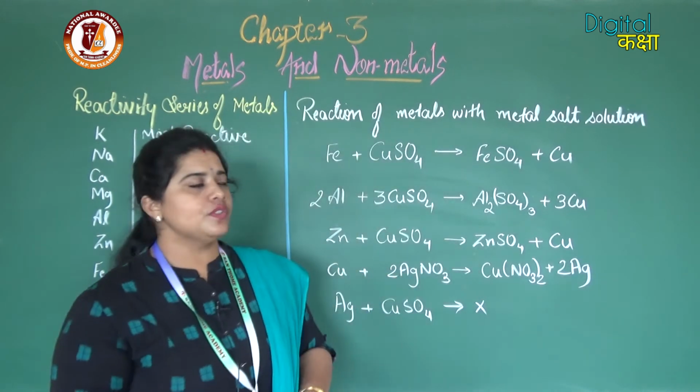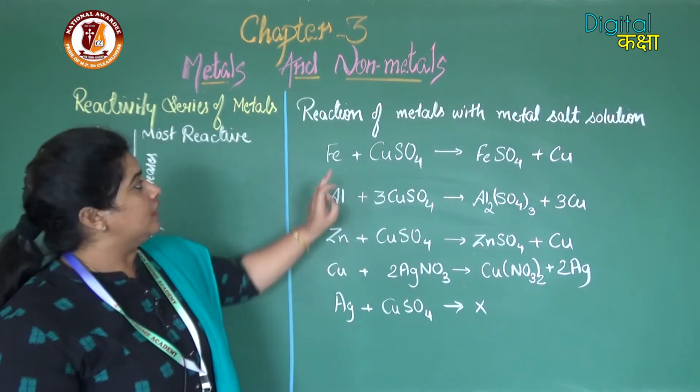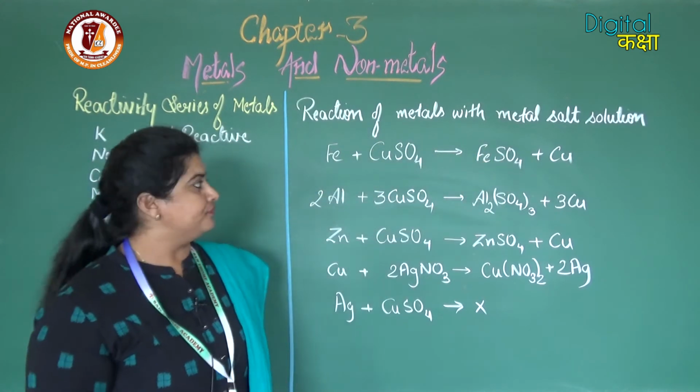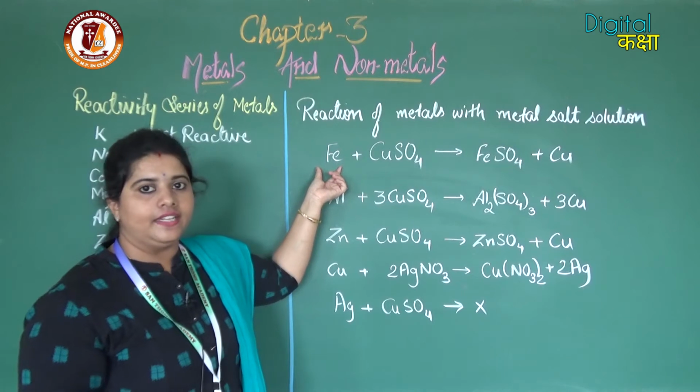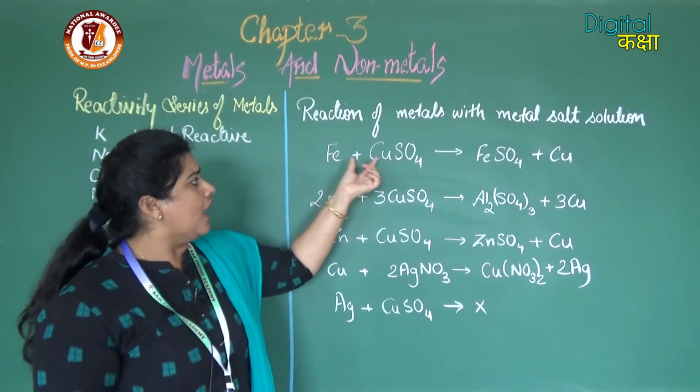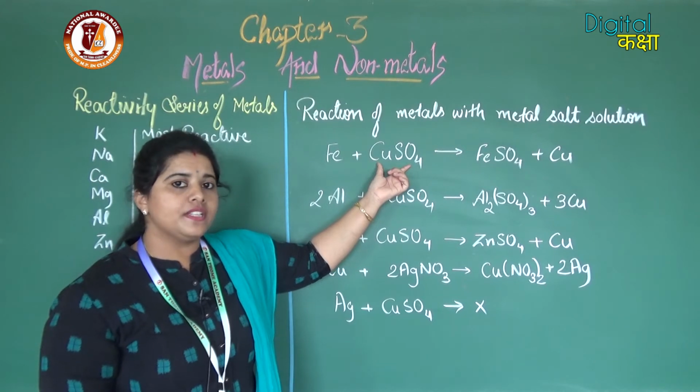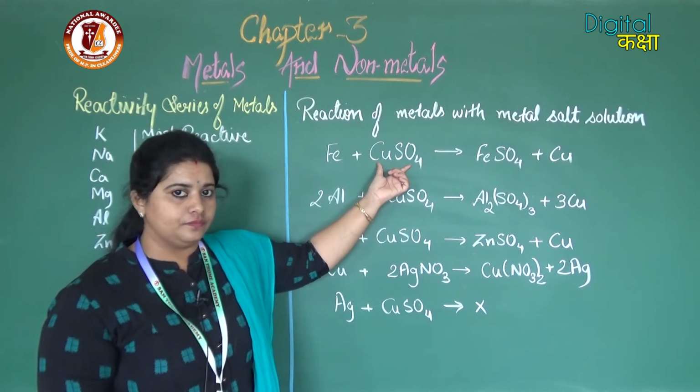Considering this, we are going to study some reactions. Reaction of metals with metal salt solution. If I have an iron nail and I put that iron nail in copper sulfate solution, copper sulfate solution is blue in color.